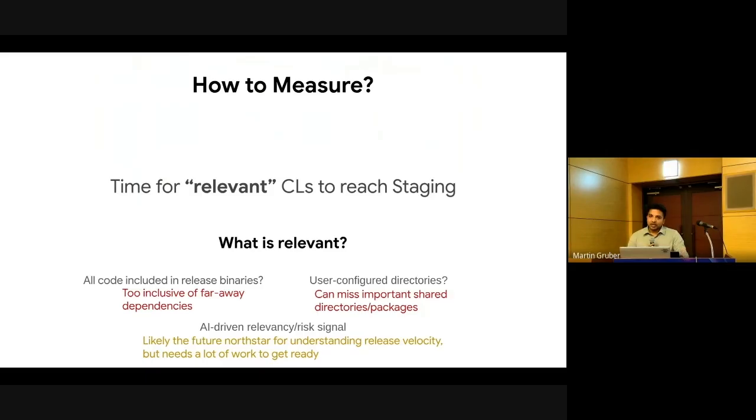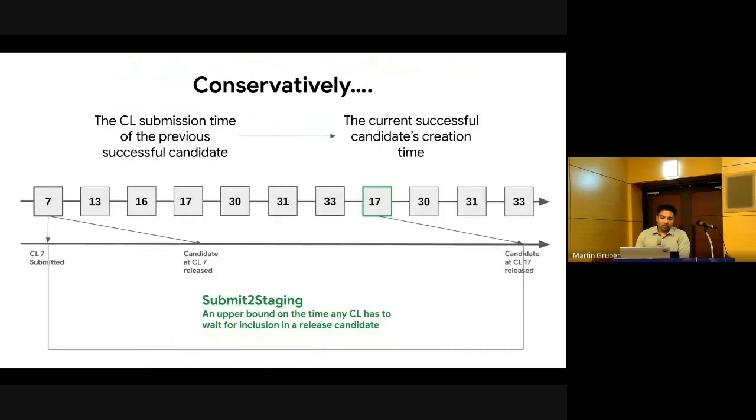And I think the future North Star is that we will have some sort of AI-driven relevancy or risk signal, because of the need for this to be dynamic. And this is just a conjecture. We'll see where this goes, but for now, what we can do is be conservative. So we can say, hey, any CL could be relevant.